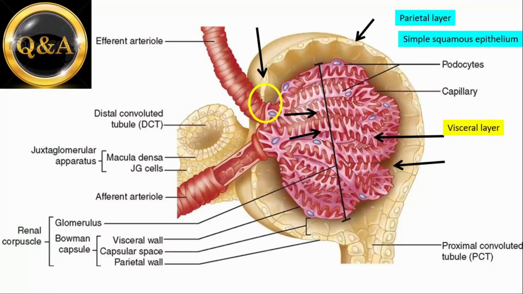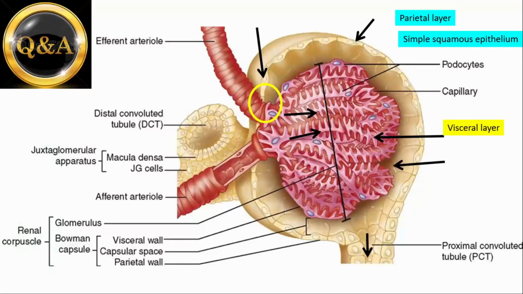And between the visceral and the parietal there is a space. This space is called the renal space, and this space is just like the pleural space or the pericardial space.